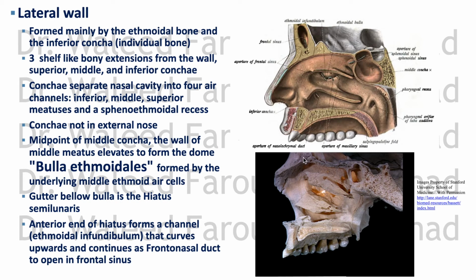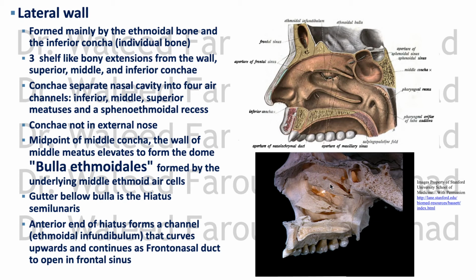This is a real specimen here showing the lateral wall of the nose. Of course, this is the inferior concha. This is the inferior meatus. This is the middle meatus with the bulla ethmoidalis and the opening on top of it. And this is the hiatus semilunaris with the anterior opening, as you can see here.